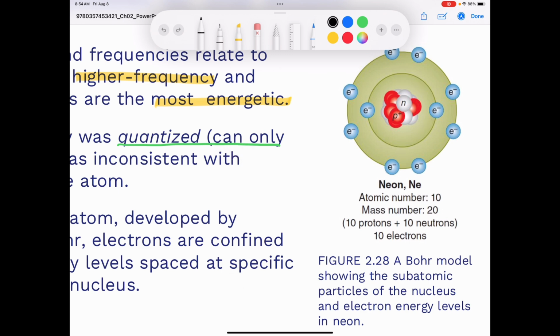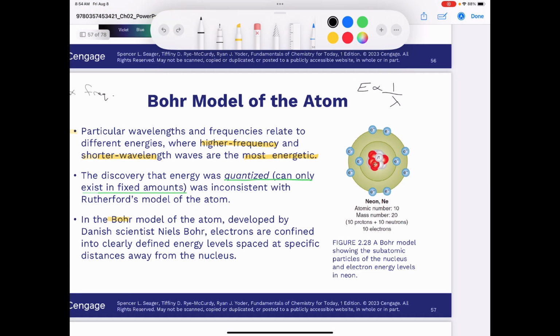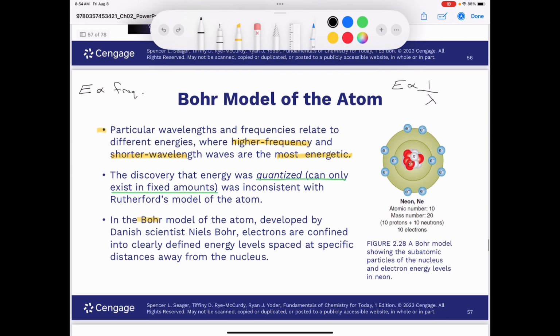So we said electrons can exist there, and they can exist here in this higher orbit, this one that's larger. And the idea is that the electron cannot exist in between. So in between these two lines, no electrons can exist. That's what quantized means. It can only be in one energy level or the other. It can't be in between the two. And so, again, that was one of Niels Bohr's largest contributions to our current understanding of the atom.